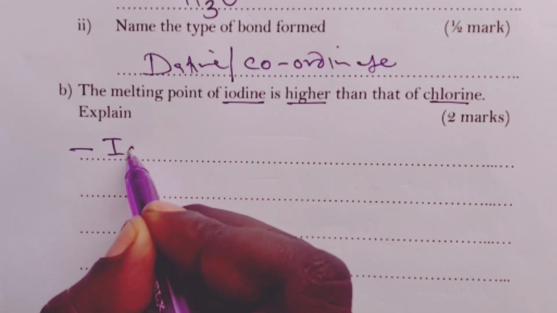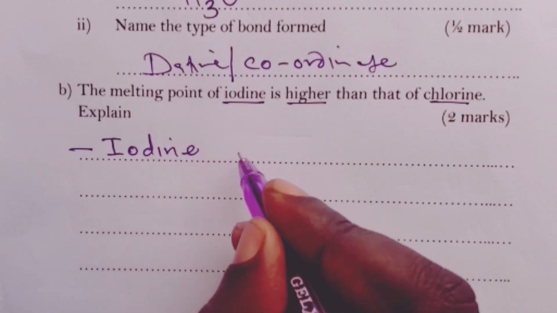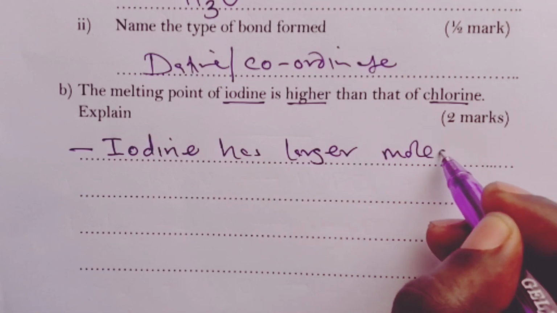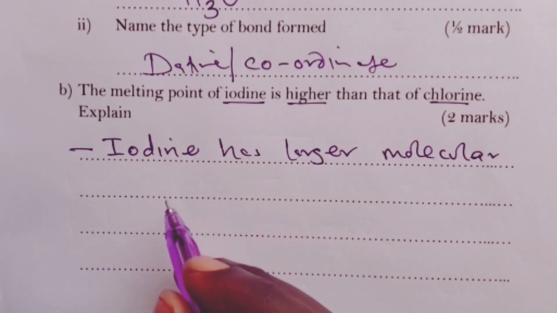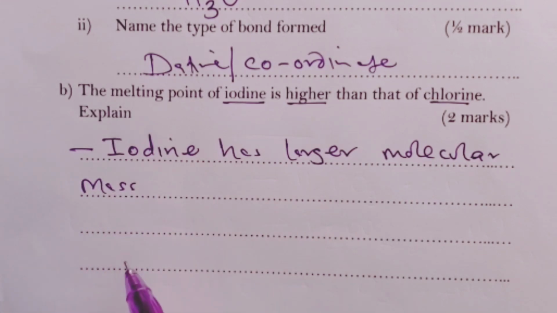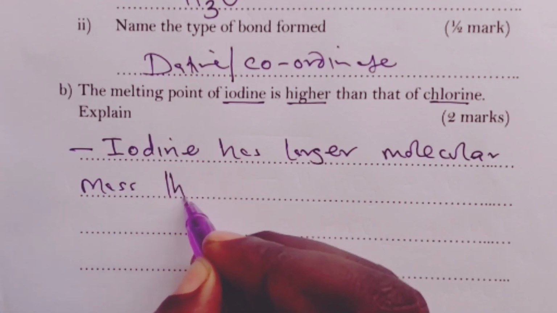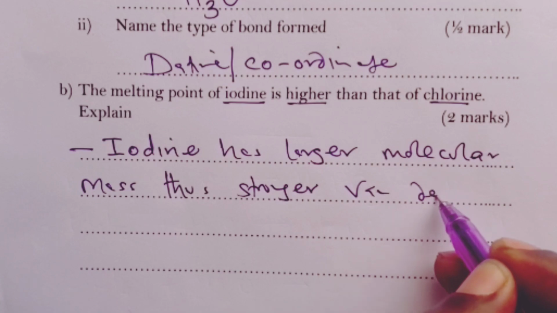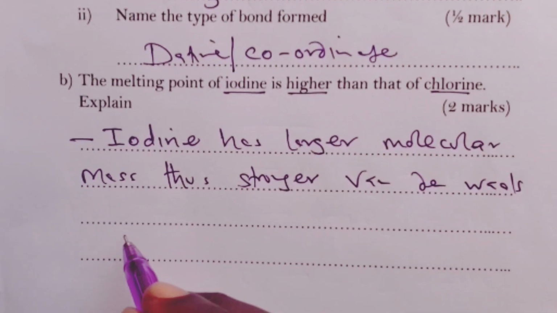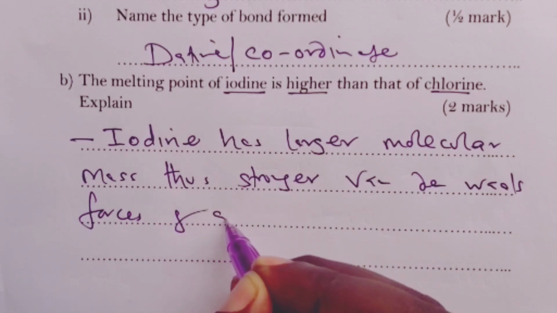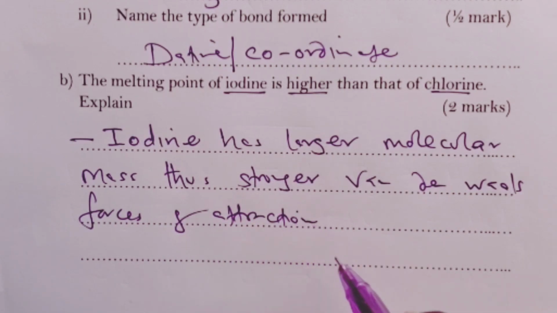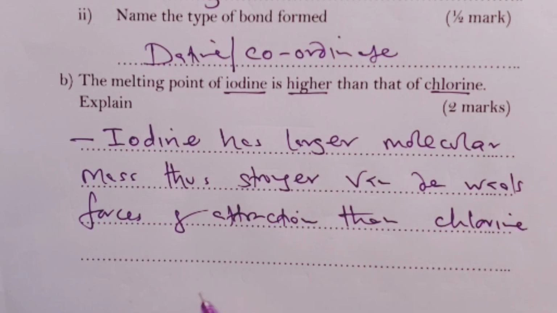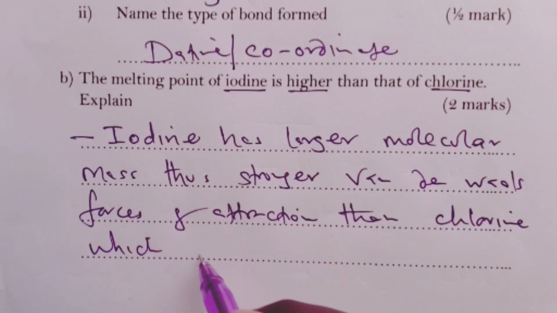So the expected answer here was supposed to be that iodine has larger molecular mass, because the molecules are also larger, thus stronger van der Waals forces of attraction than chlorine, which has smaller mass.